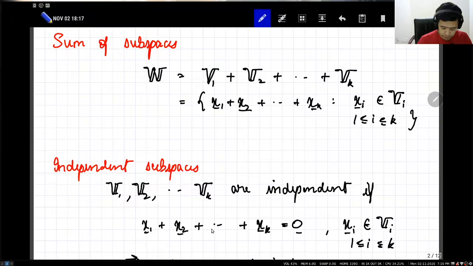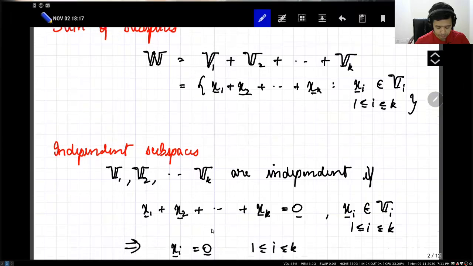So if V1, V2 up to Vk are vector subspaces, then the set of all x1 plus x2 plus x3 all the way up to xk, where each xi comes from Vi, also forms a vector space. That's easy to see, and this is what I call the sum of these subspaces.